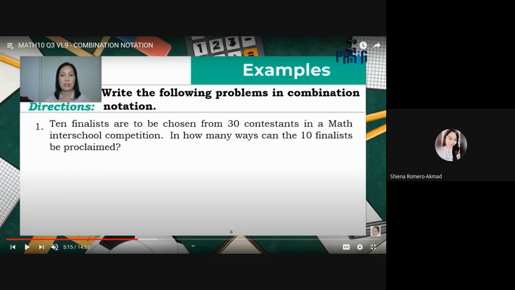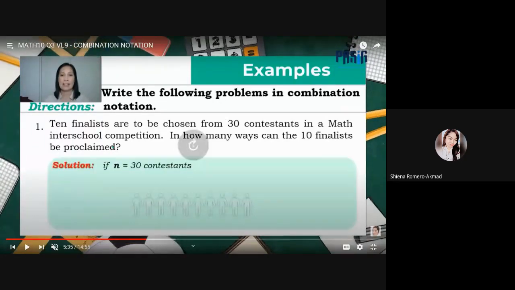Combination of, ano yung magiging N natin? Opo, yung magiging N natin will be 30 contestants. And what will be our R? So that's 10 finalists. So combination of 30 taken 10 at a time.